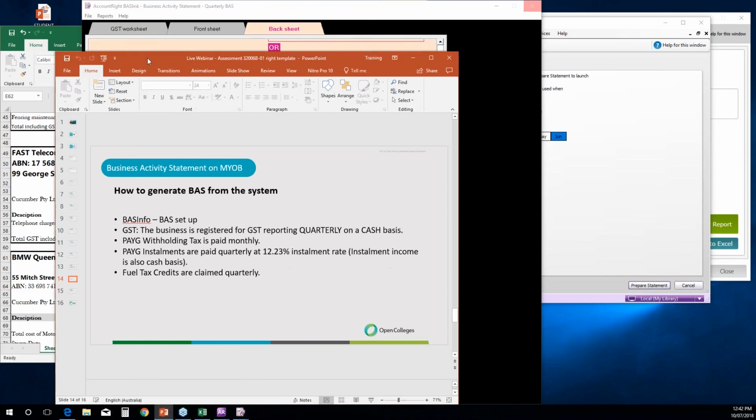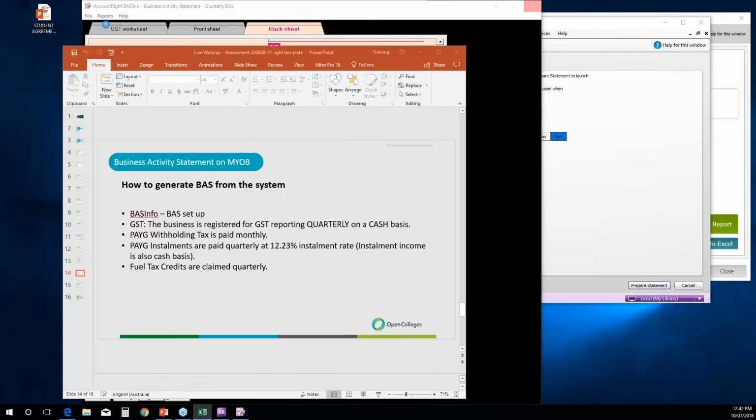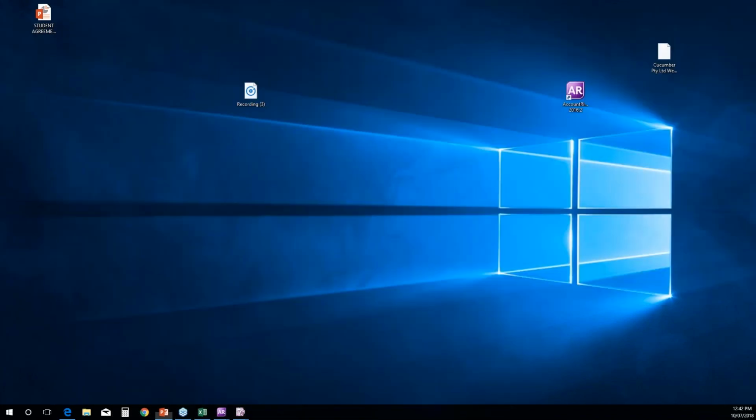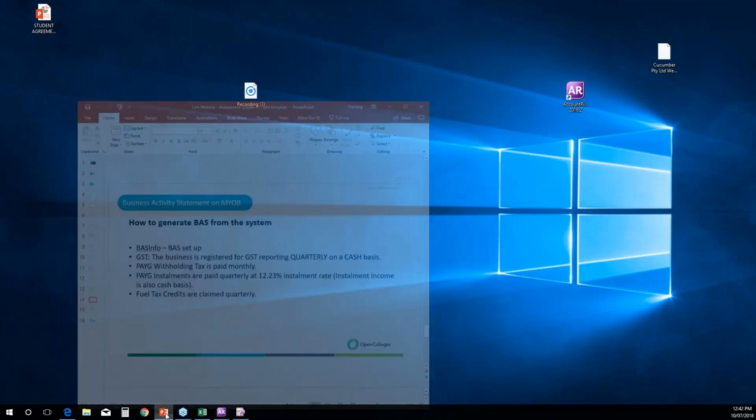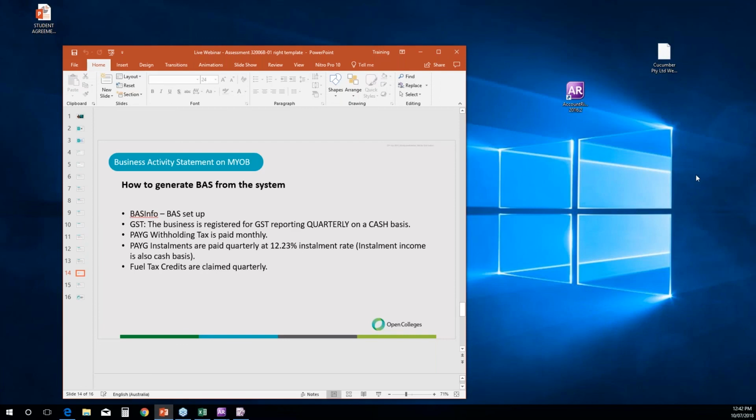It will be showing on the desktop, right? So I have saved. It's showing on another desktop. It's already saved here, right? The PDF is here. That's the one.